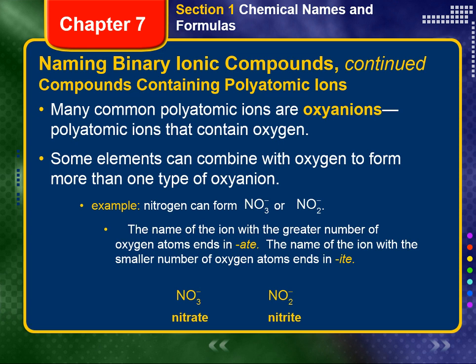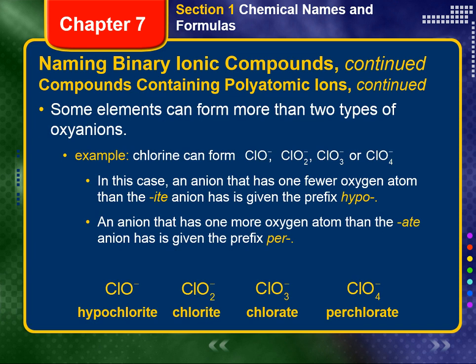Sometimes 2 elements form more than 2 different oxyanions, and in this case, an anion with one less oxygen than the ite anion would be given the prefix hypo. An anion with one more oxygen than the ate anion is given the prefix per. This nomenclature is illustrated by the 4 oxyanions formed between chlorine and oxygen.